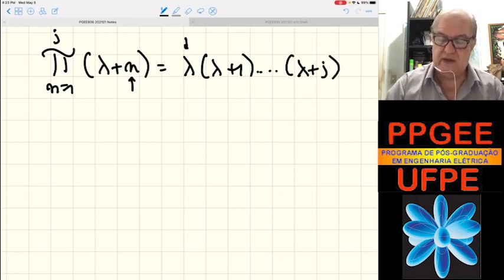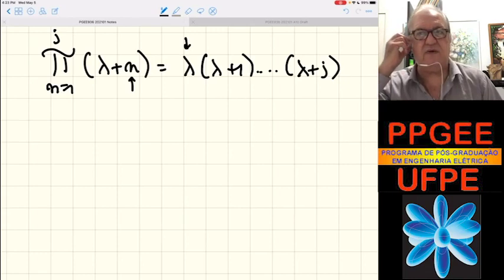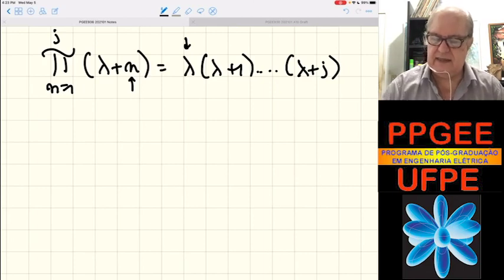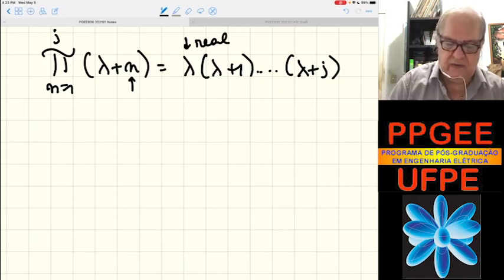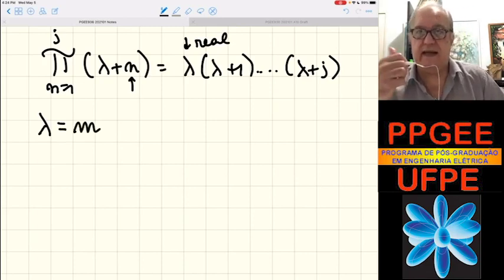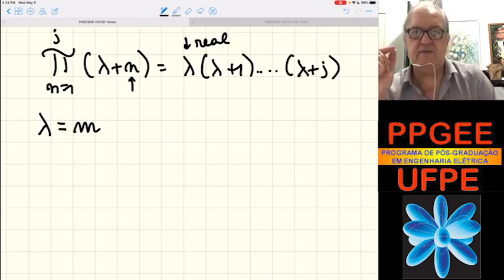But recall that this is not a traditional factorial function, or a ratio between factorial functions, because lambda is a real number. Well, if lambda is an integer, let's say m, recall that lambda comes from the variation in the azimuthal angle, and it's going to be an integer number if you have the full azimuthal variation allowed.